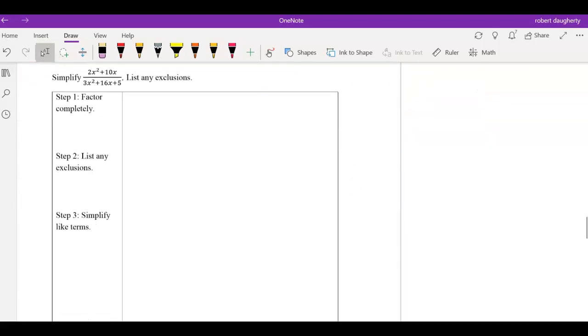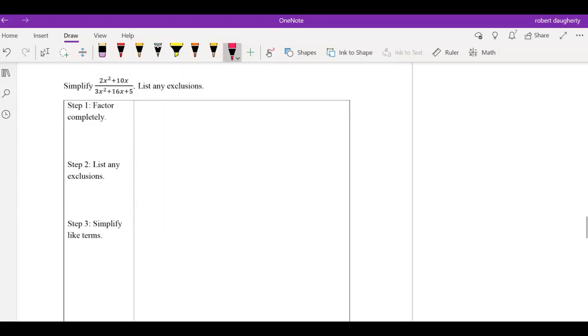So let's look at another example. Simplify this expression and list any exclusions. Factoring is the key. Look at the numerator there. It looks like the greatest common factor is going to be 2x. So if I factor this, I get 2x, and then I'm left with x plus 5.